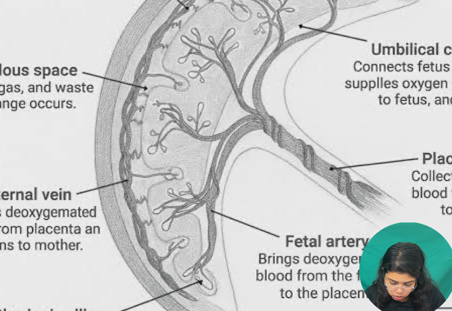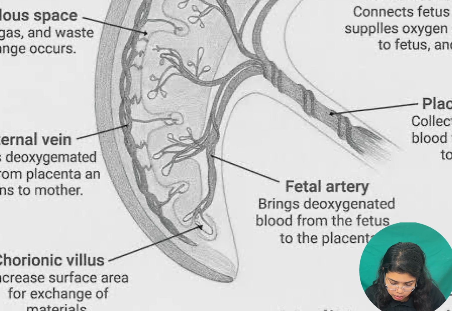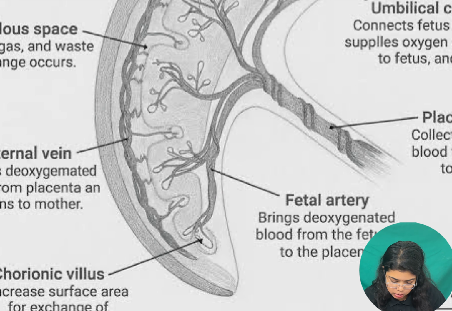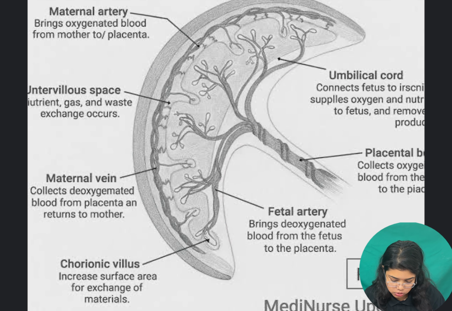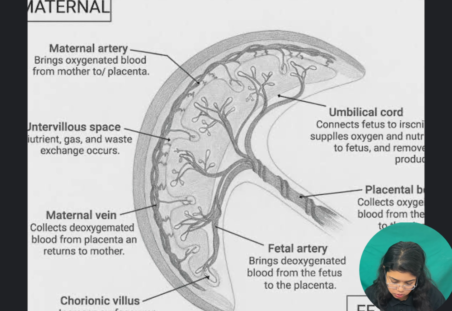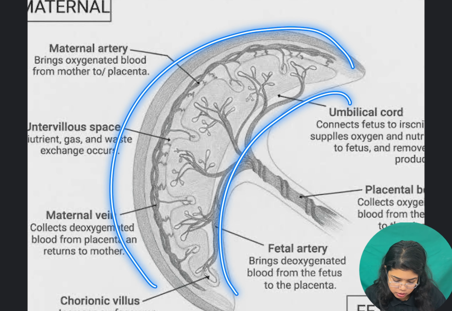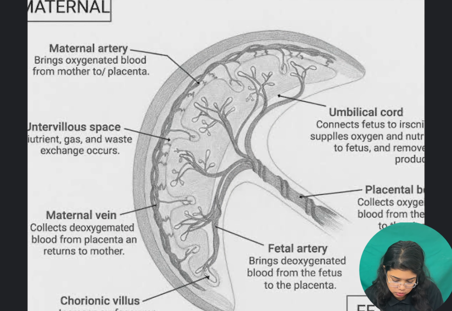Here the placental barrier is present, and these are the fetal arteries, the umbilical veins and arteries. I'll zoom out so you can see the fetal surface and the maternal surface. These are the arteries, and these are the villi. So how is it formed?